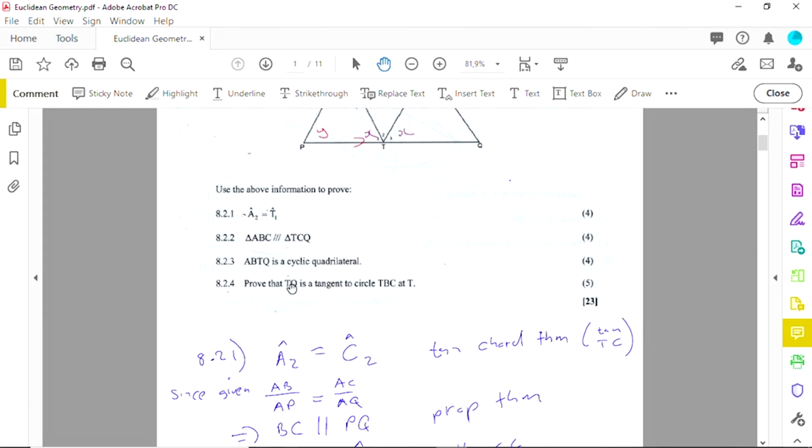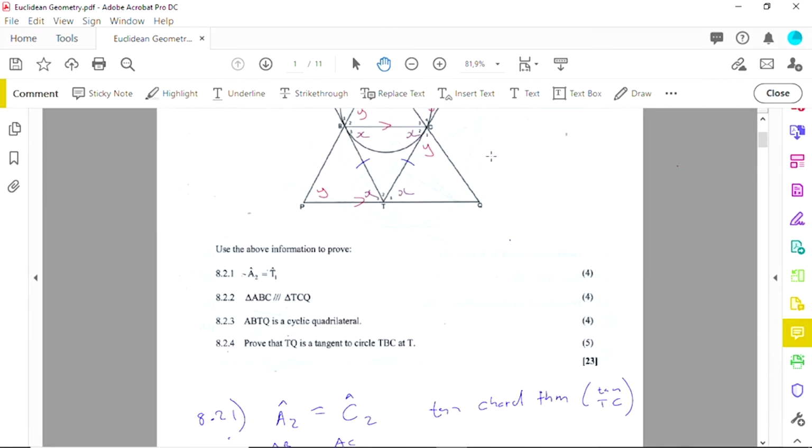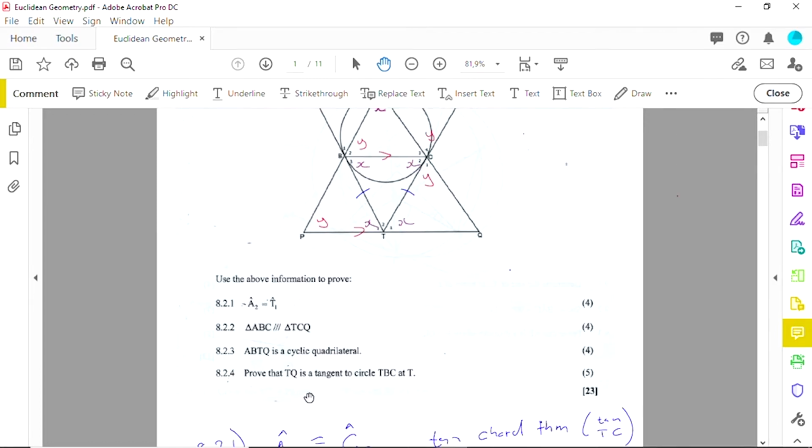We now want to prove that TQ is tangent to the circle TPC.